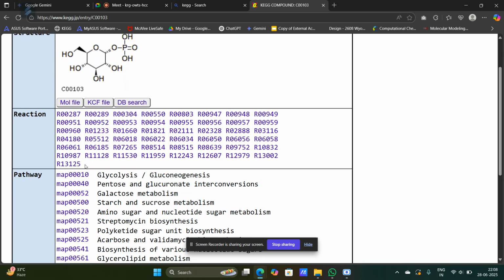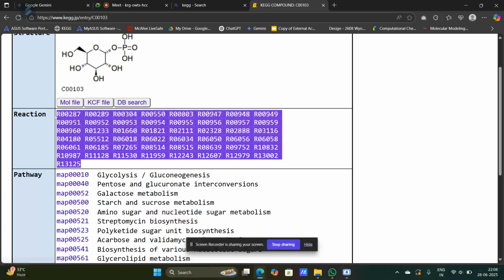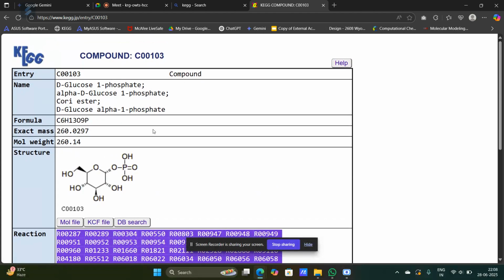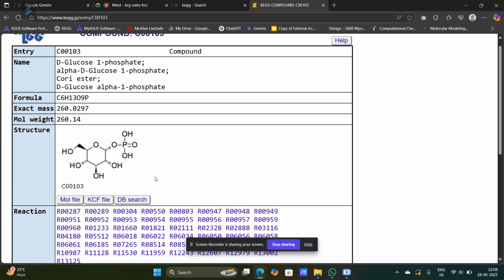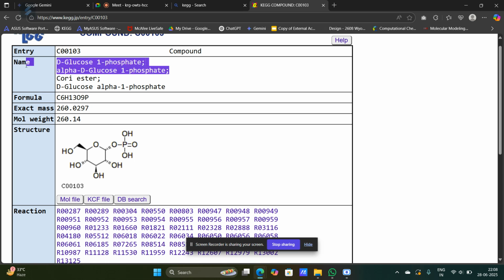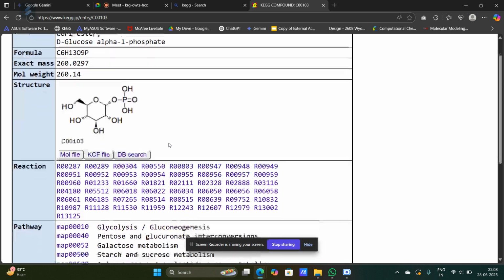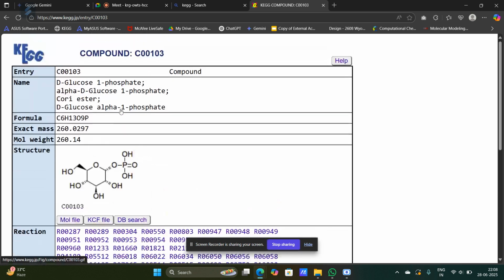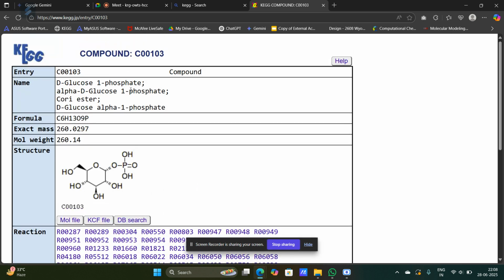Here it has listed all the reaction IDs where this molecule is a part of. Are you guys able to understand? In all these listed reactions, this D-glucose 1-phosphate plays a role. It is present in one of the positions in the whole pathway or reaction.